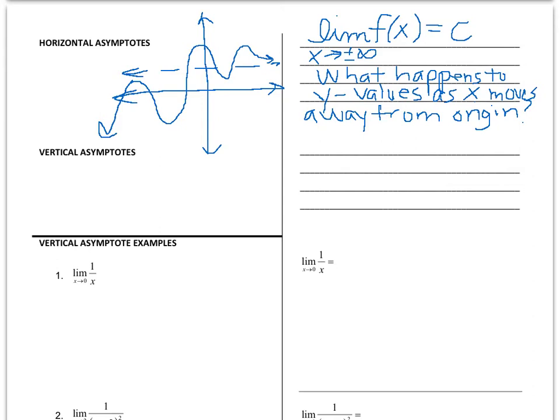Now, a vertical asymptote is kind of going to flip that limit notation around. A vertical asymptote is a little bit different, in the sense that a horizontal asymptote you may cross with your graph, but a vertical asymptote cannot be crossed. You only have two options when you approach a vertical asymptote: your function goes up, or your function goes down. Those are your only two choices.